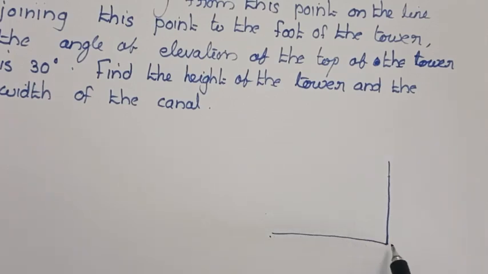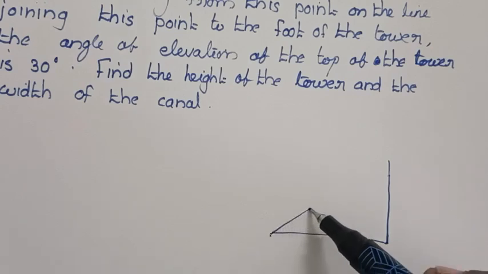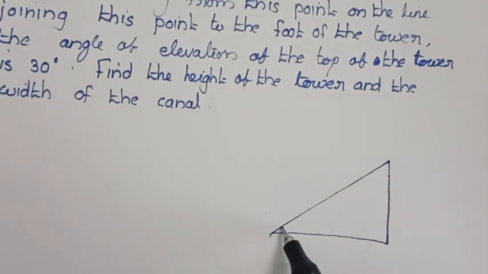Here, this is the width of the canal. From this point the angle of elevation of the top of the tower is 60 degrees. This angle is equal to 60 degrees.